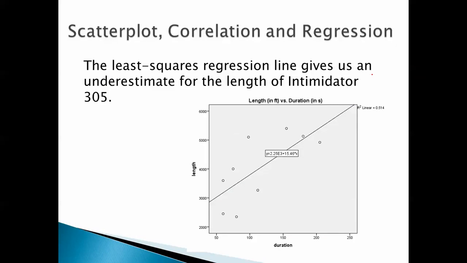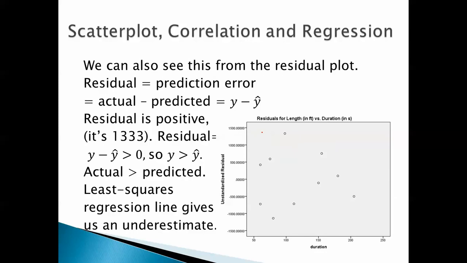And wow, the least squares regression line gives us an underestimate for the length of the Intimidator 305, because the least squares regression line predicts that this will be the length of the roller coaster. But look, this one is a much longer roller coaster. And so this is the error. So this was what we predicted. This was actual. So the least squares regression line gives us an underestimate.